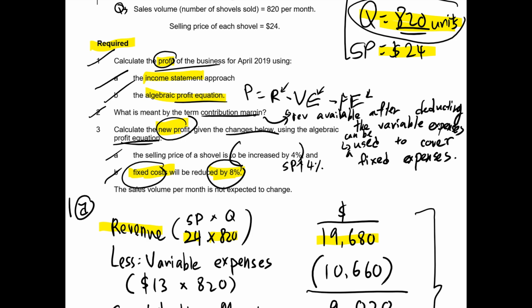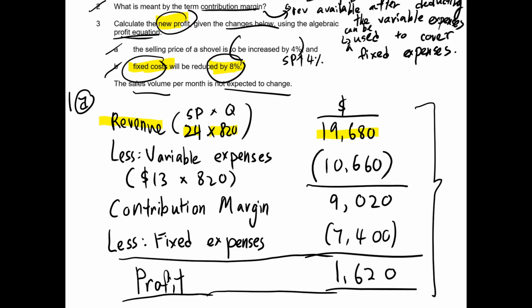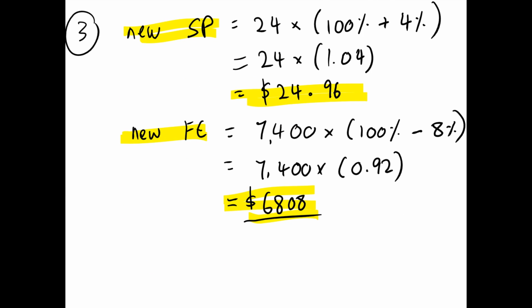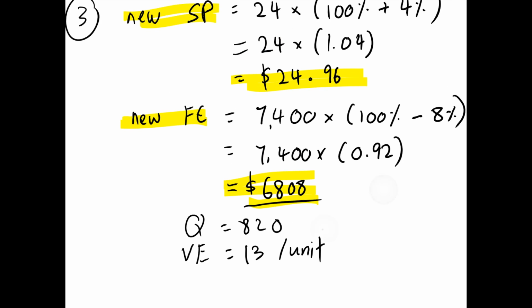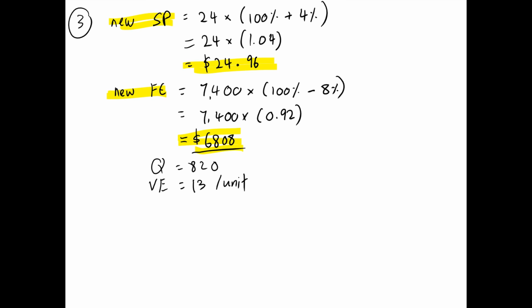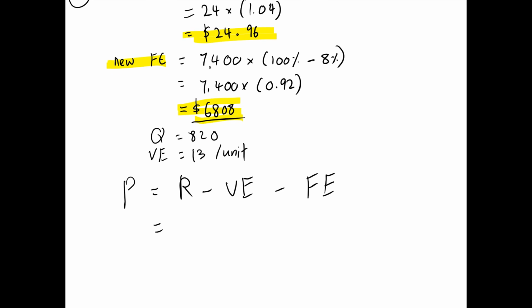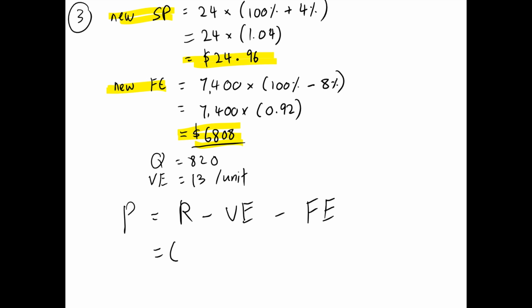So they ask you to calculate the new profit. Sales volume remains the same, not expected to change, so your quantity will still remain at 820. Your variable expenses will still remain at $13 per unit. So how to find your new profit? Very simple. You know that profit equals revenue minus variable expenses minus fixed expenses. We are going to use the new selling price this time. So revenue equals selling price times by quantity.